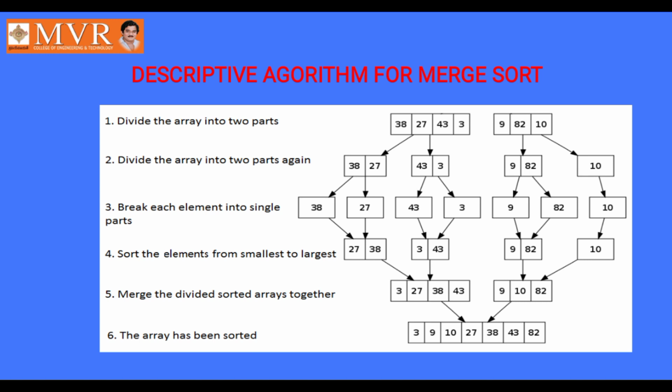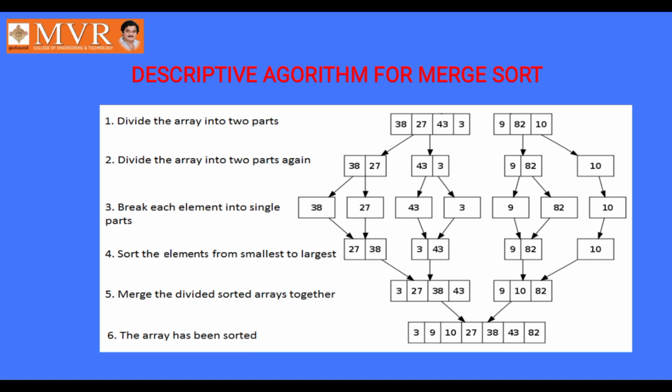I perform the same procedure on my left part and also my right-hand side, that is, first the array is broken into two parts, the left part and the right part. The same procedure is followed on the left part as well as the right part, dividing the elements into small halves until they form single digits or single units.